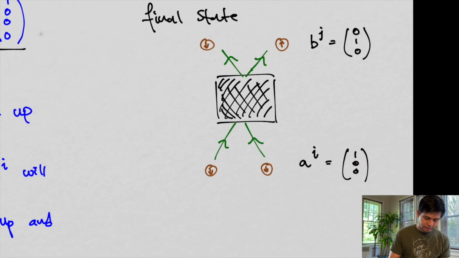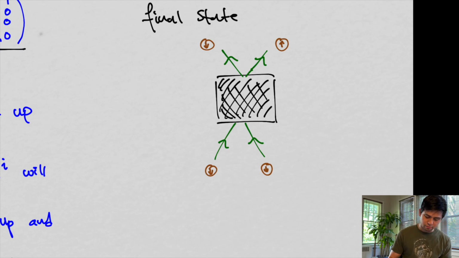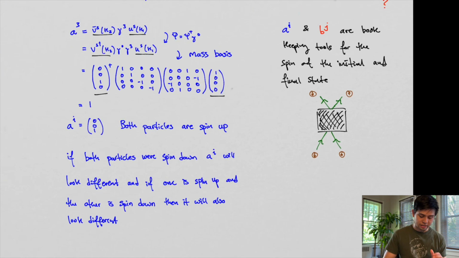What I'm going to do is erase these guys, I don't want to mislead you on anything. But this is the picture we want to keep in mind when we are considering what these AIs and BJs are. The spins are what we're bookkeeping here.